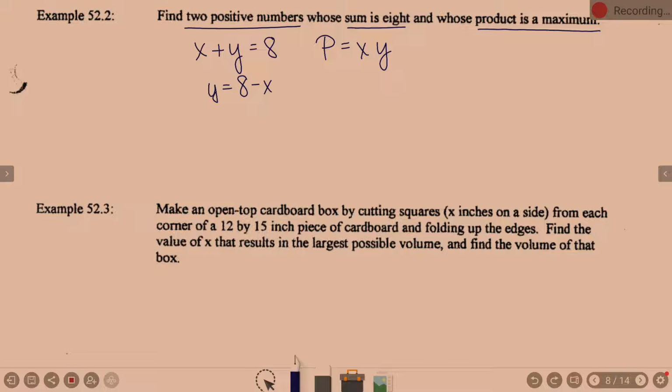And so then what do we do? Take that value and plug it in over here. So now my product equation is x times 8 minus x. I'm going to go ahead and distribute, knowing my next step. So 8x minus x squared. Because what do I need to do?